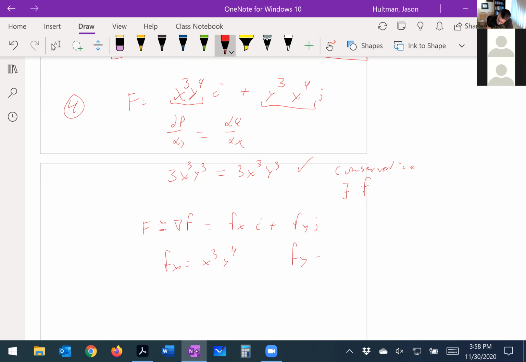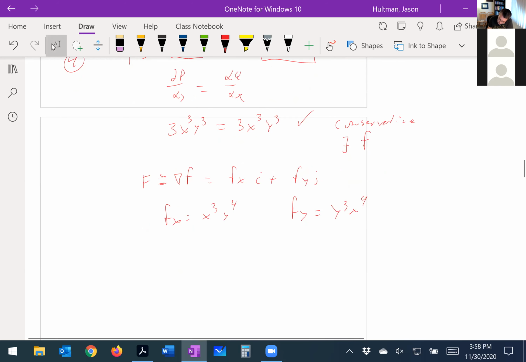And what's f sub y? F sub y would be equal to y cubed x to the fourth. So let's integrate with respect to x here. That's going to be 1/4 x to the fourth y to the fourth plus something with respect to y plus k.